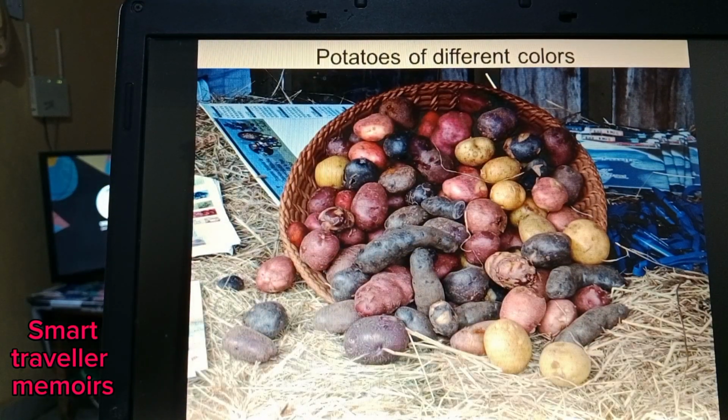So, let me first of all dive into the materials we are going to use in real time. So we will be using potatoes. We have said we use a potato. So here I've shown you the way the potatoes look, and here I've shown you potatoes of different colors depending on where you come from in this world.